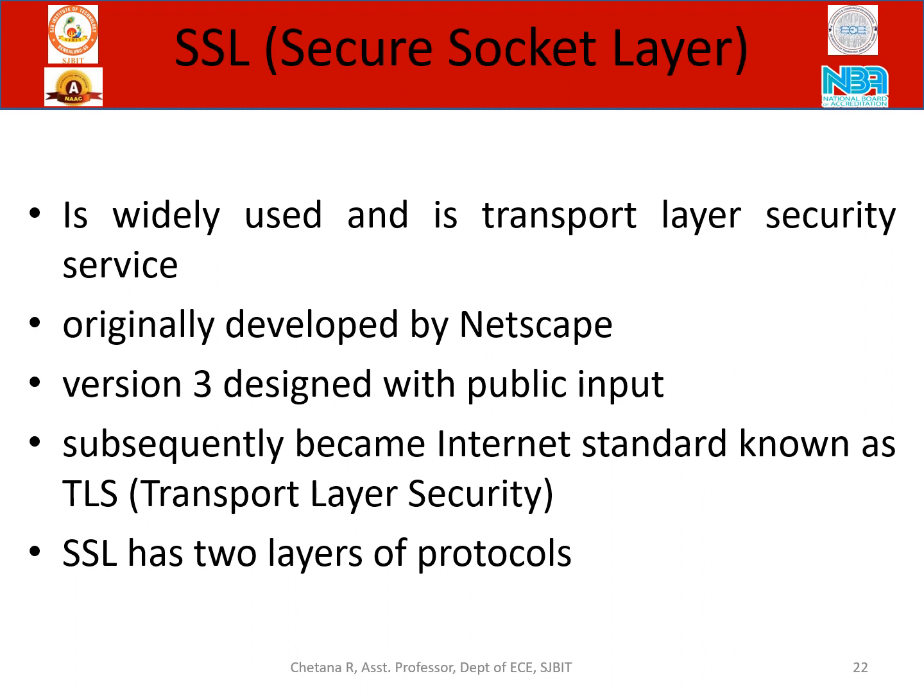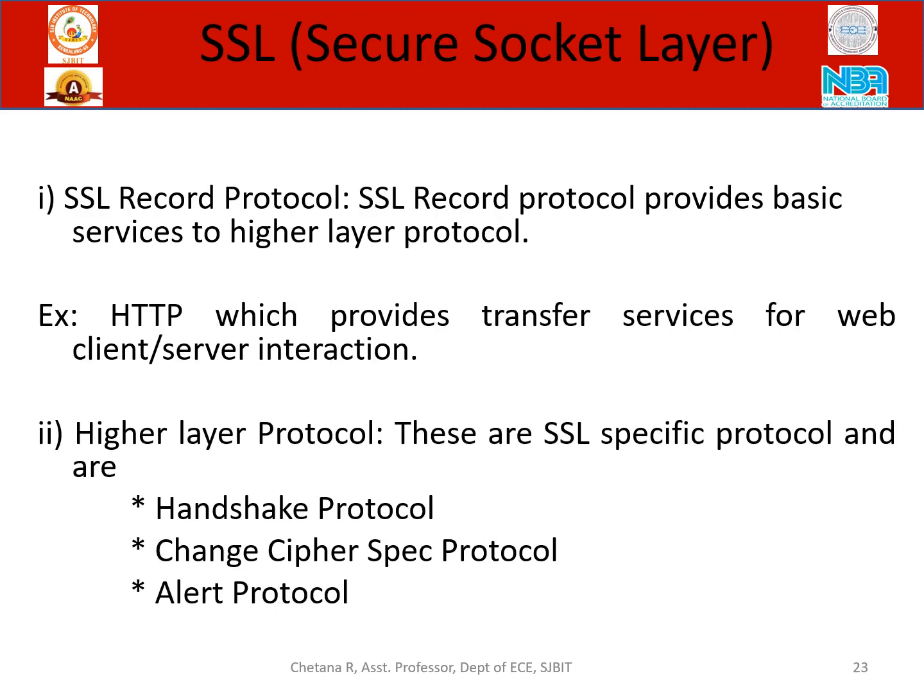So the SSL layer is divided into two layers, the bottom layer and the upper layer. The bottom layer is called the SSL record protocol. What exactly does the lower layer do here? It provides basic services to the higher layer protocol. So the bottommost layer supports the higher layer protocols.